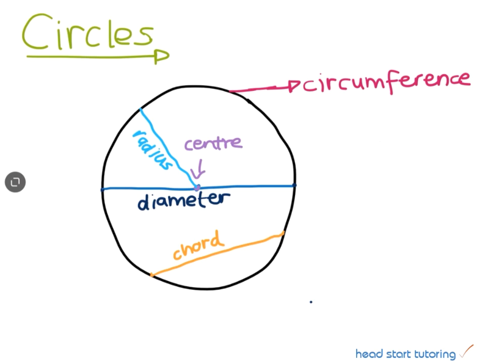Now what you will notice is that your radius is half of your diameter, because if I run from one point of my edge to the center of the circle, I end up with a radius. And if I extend that radius to the other edge of the circle, I will end up with my diameter. So your radius is half the diameter.